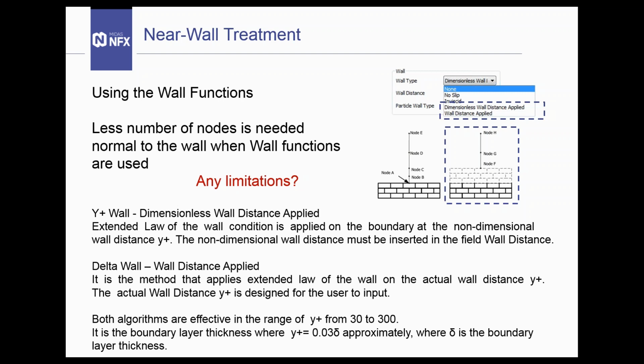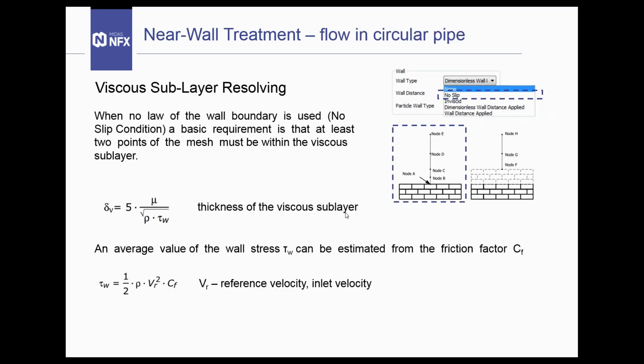And this is why the number of nodes should be increased. Typically, in midas NFX we are using from 8 to 10 nodes to create the mesh when we are using this wall function. More about these limitations you can find in the midas NFX manual.